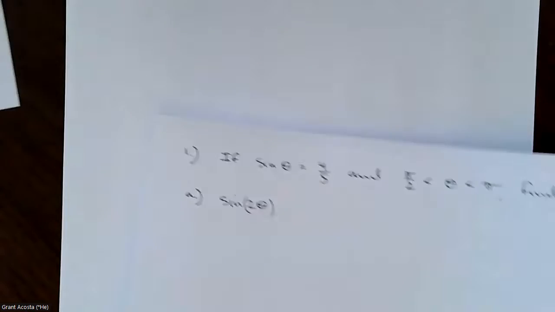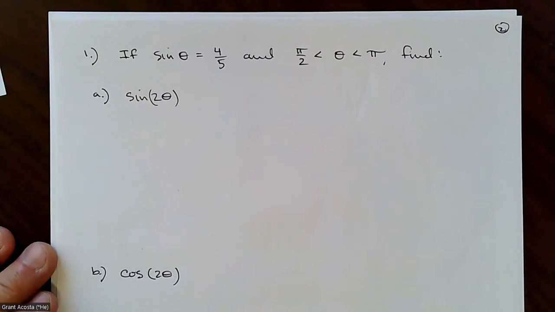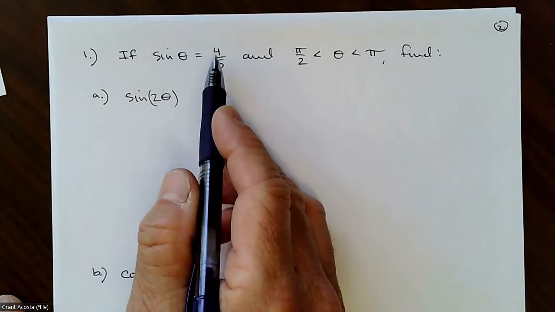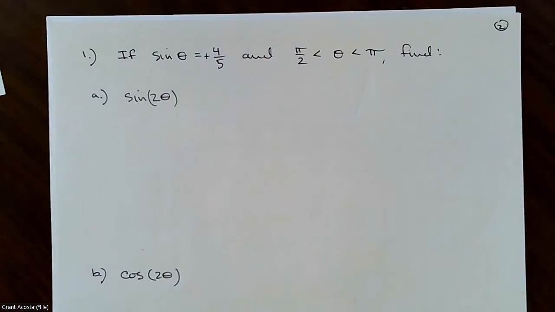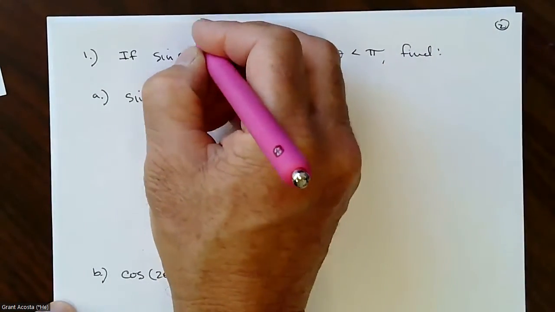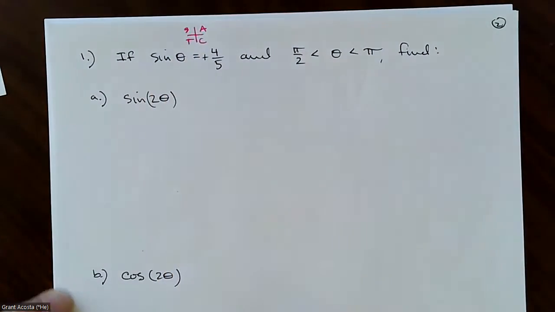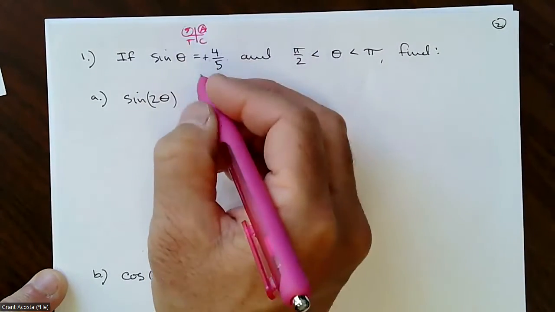Okay, one way you can see these identities in action is with a problem. Say we have the sine of theta equal to positive 4/5. According to All Students Take Calculus, sine could be positive in either the first or the second quadrant.